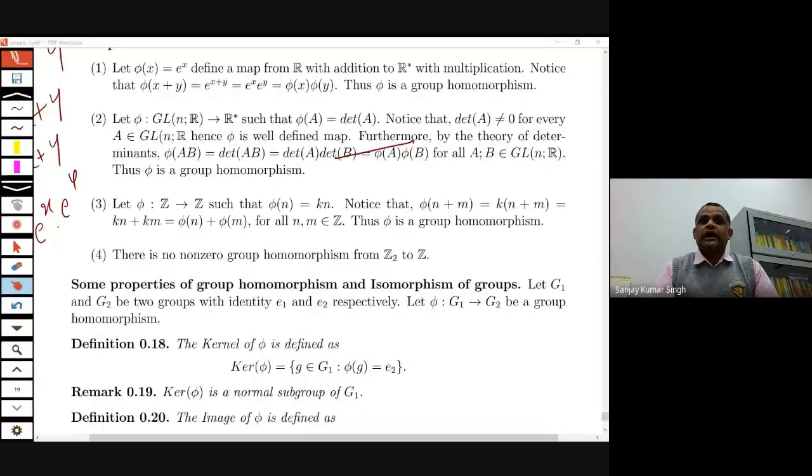I have one suggestion, because most probably I'm going to do one game. I would like you people to search on Google for something called the 15 puzzle game. The game is like that: you have a 4x4 square, and you have numbers 1, 2, 3, 4 up to 15, and one place is open, blank.